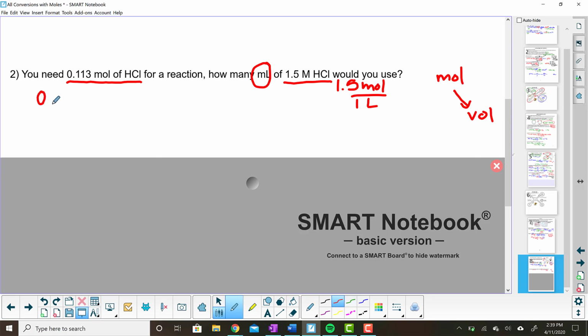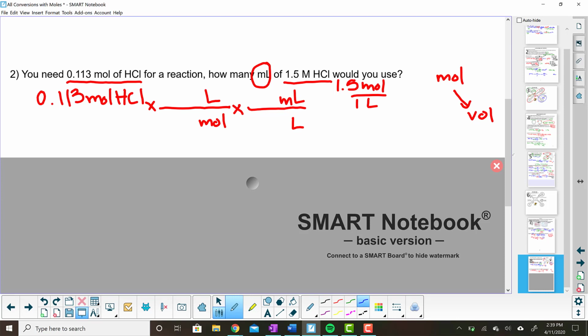I'm going to start with 0.113 moles of HCl. Just planning my attack here. I'm going to go from moles, which means moles is on the bottom, to liters on the top. But I actually need to be in milliliters, so let's add another step here. Liters is on the bottom and milliliters is going to go on the top.